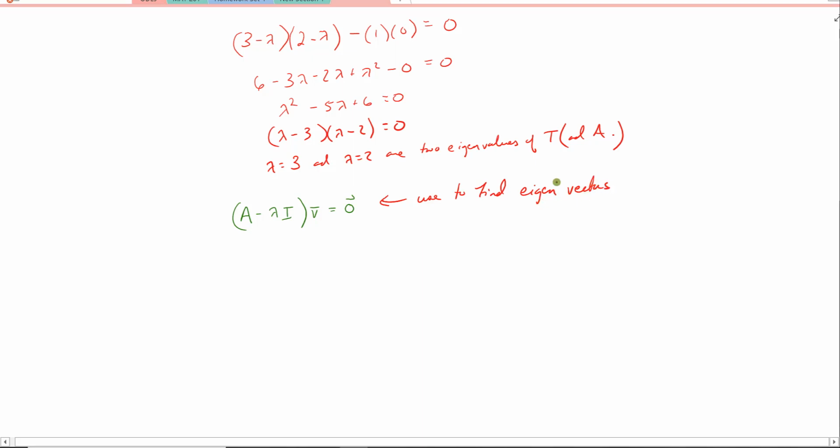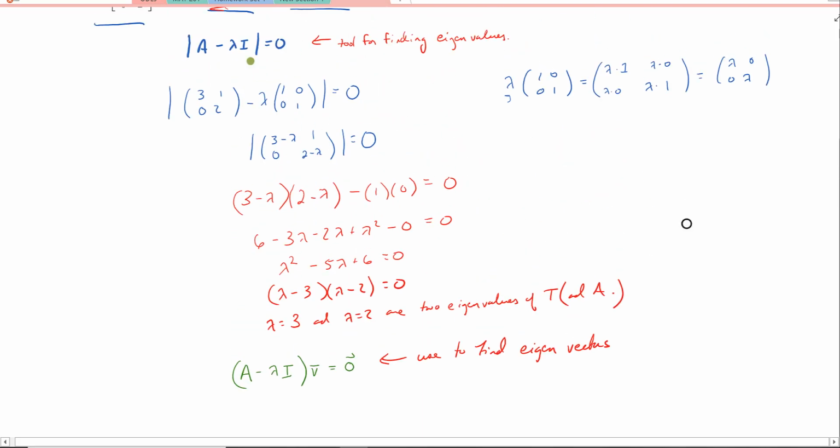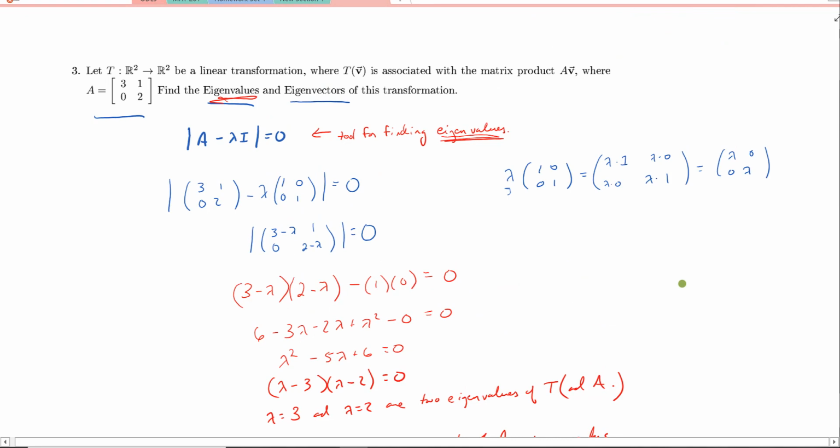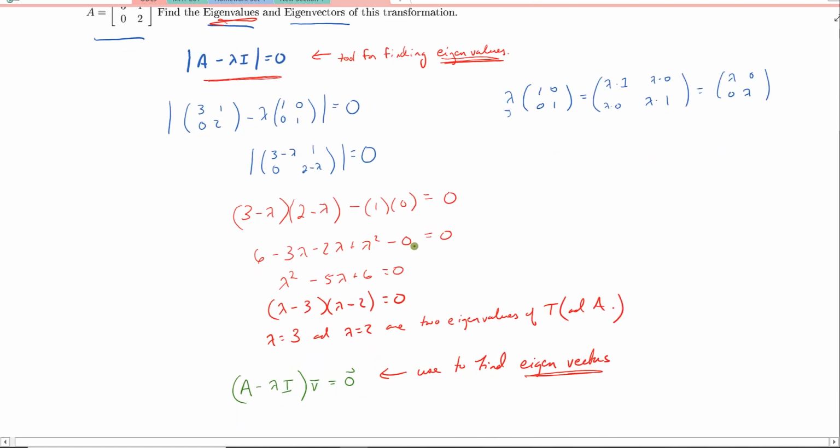So let me just emphasize this. I use the characteristic equation as a tool for finding the eigenvalues, whereas I use this equation right here for finding the eigenvectors once I've found the eigenvalues. So it's really important to keep in mind the differences between these two equations. This is a real valued equation where we've got the number 0 on the right hand side, and when we go through to solve it, we end up with a polynomial set equal to 0.